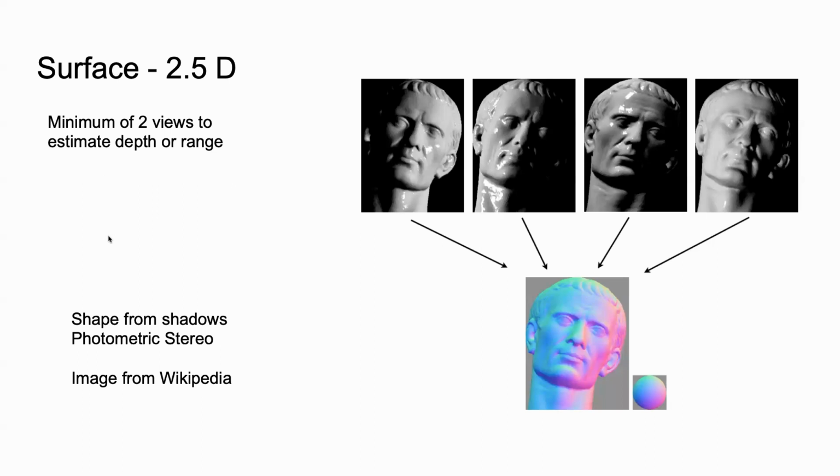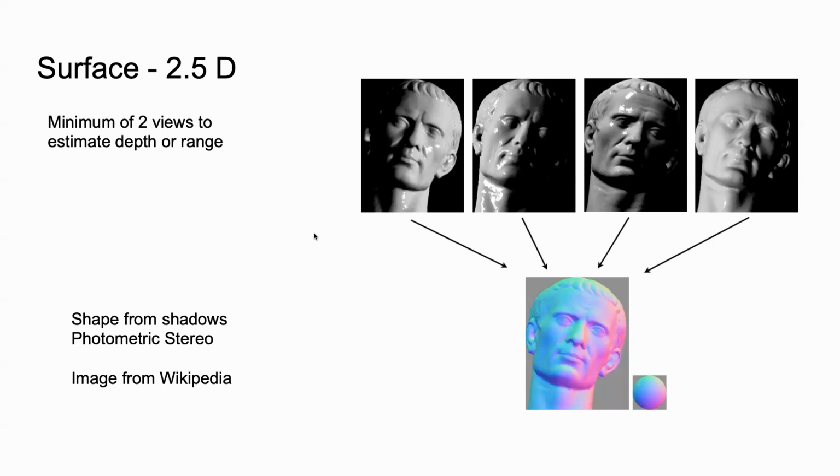In estimating, or rather in computing 3D imagery, ito yung minimum requirement. Just with two views, we can estimate depth or range. Depth or range, essentially it means yung how far is each point on this image from the scene or from the observer. Pwede yun. That's why it's called depth or range, no?